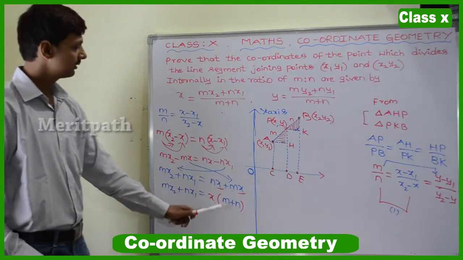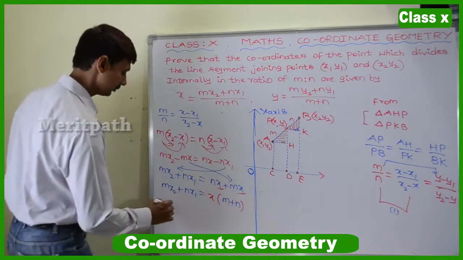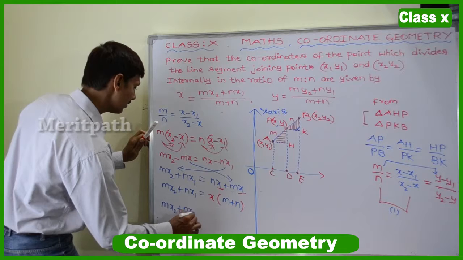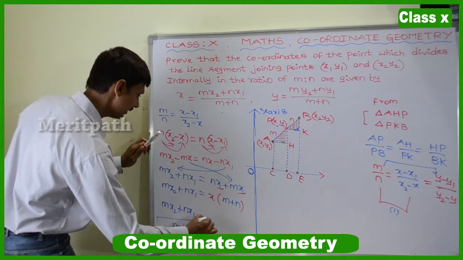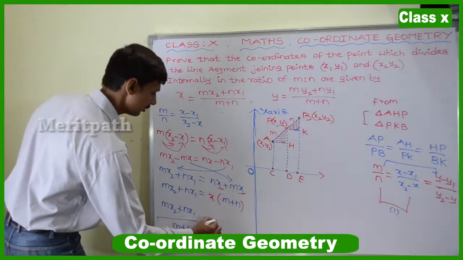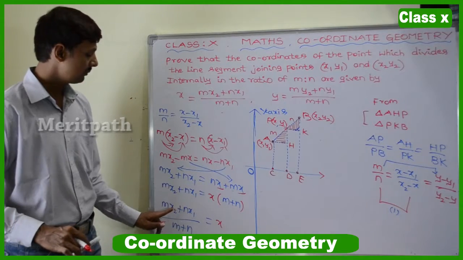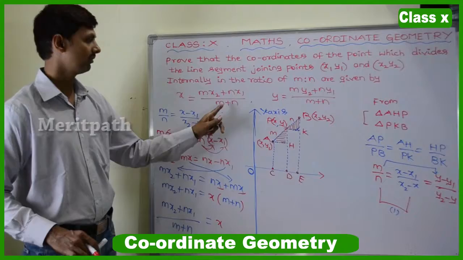So m plus n is in multiplication with x. Let us transpose m plus n to this side; multiplication changes to division. So x is equal to mx2 plus nx1 divided by m plus n.